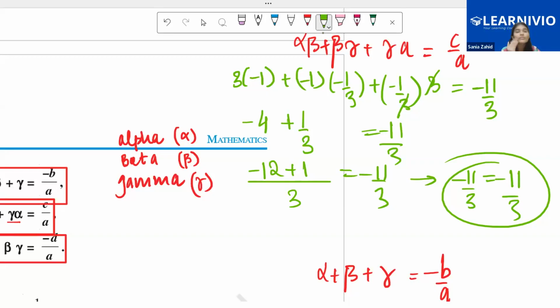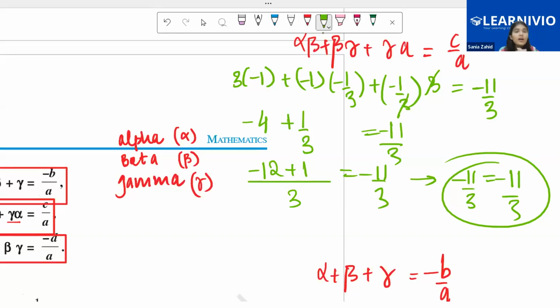For a cubic polynomial, you have 3 formulas. What are those 3 formulas? Quickly tell me. Sum of zeros is minus B over A. What is C over A? Not that you're multiplying everything.